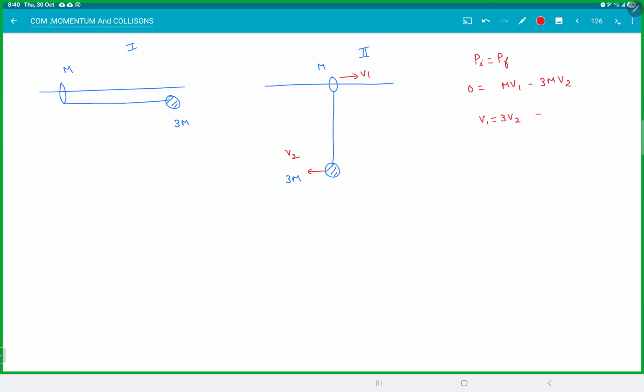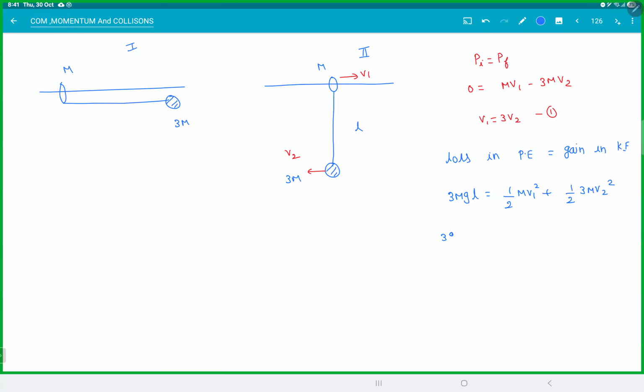Next thing, conservation of energy. How much does this fall? The length is L. So loss in potential energy is equal to gain in kinetic energy. The loss in potential energy will be 3mgL, and the gain in kinetic energy is half m V1 square plus half 3m V2 square.